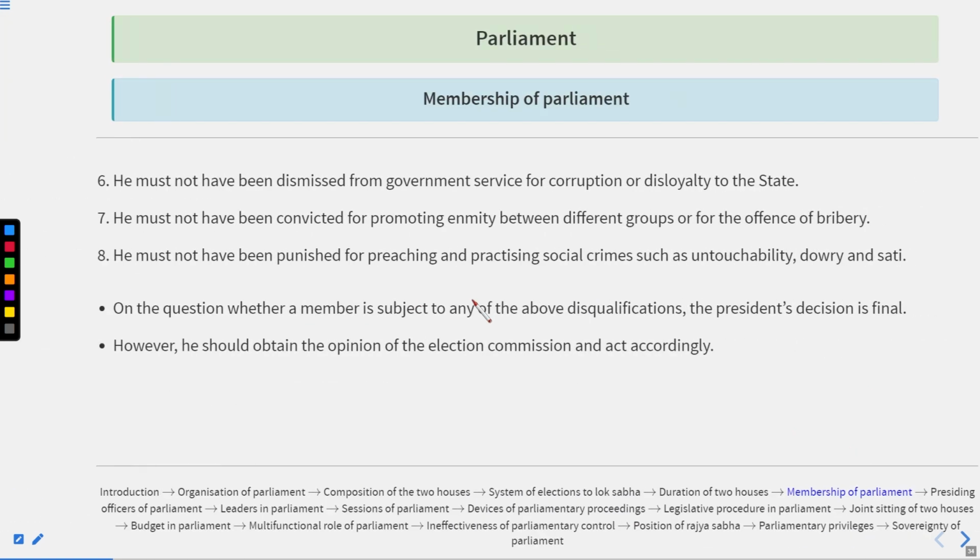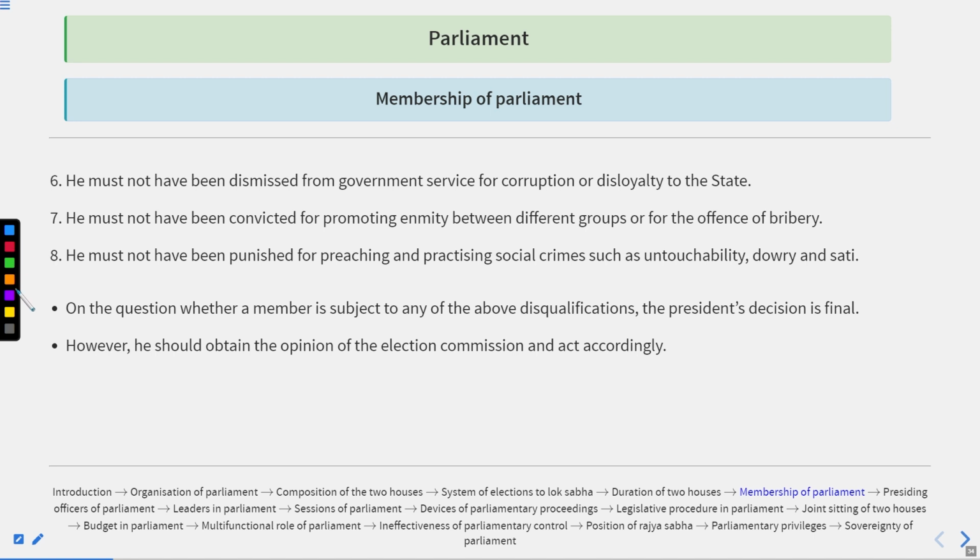Thereafter, the sixth one is that he must not have been dismissed from government service for corruption or disloyalty to the state.